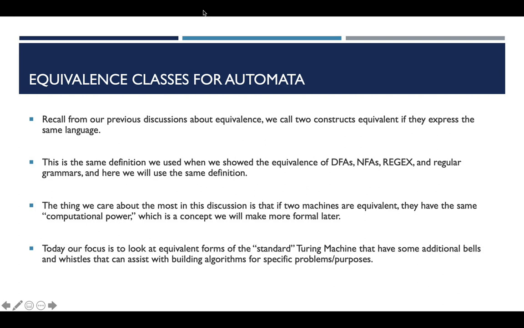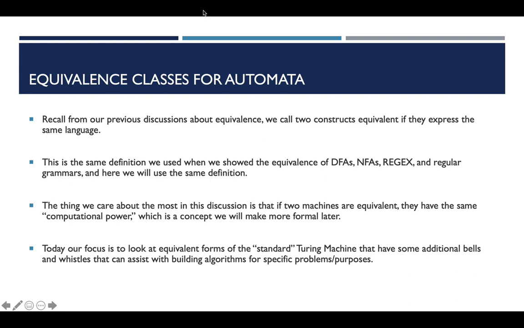So the focus of the conversation today is around all of the different bells and whistles that you can add to the standard Turing machine definition, either the textbook's or mine. You can use those bells and whistles to build algorithms for specific problems, and you can do so more easily with one definition than another.